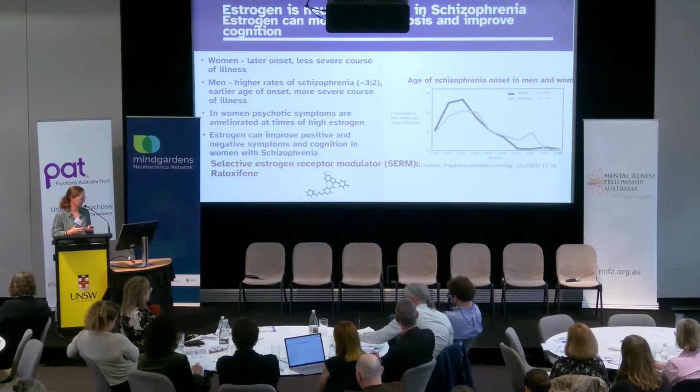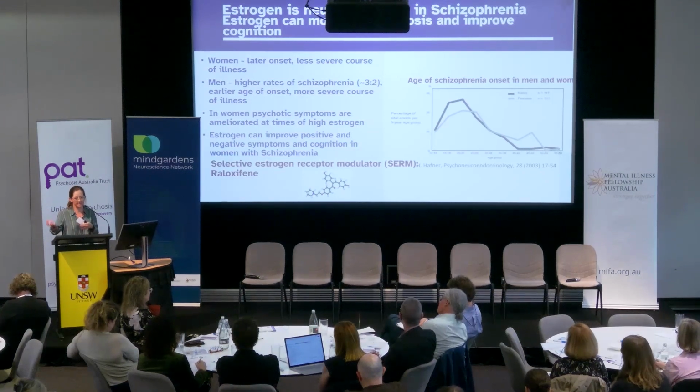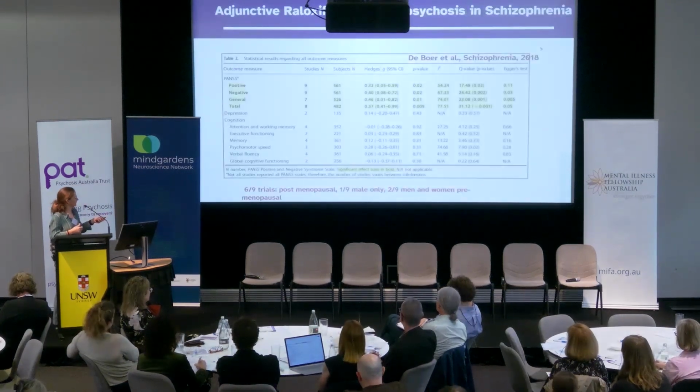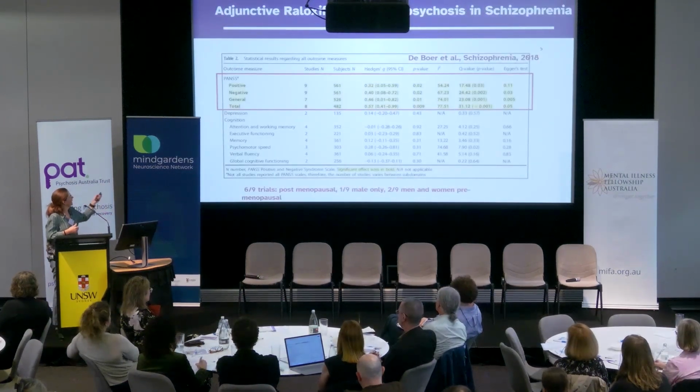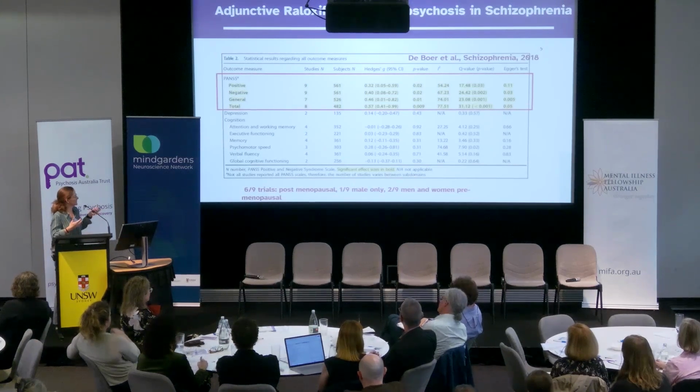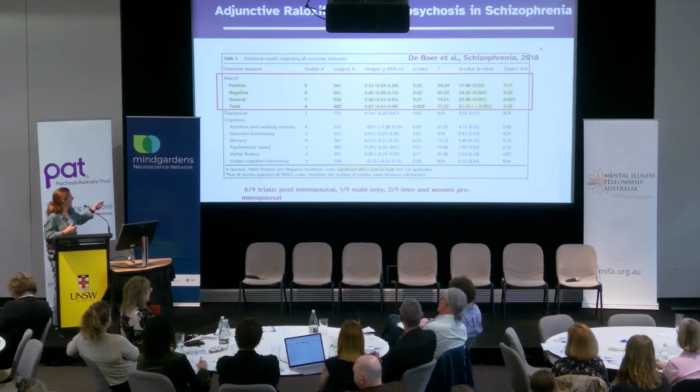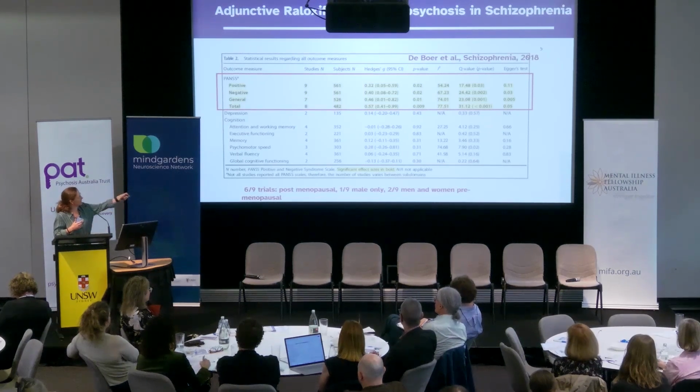So people have tested selective estrogen receptor modulators in the clinic, one in particular called raloxifene, which doesn't have these feminizing effects. And they've shown that adjunctive raloxifene actually reduces psychosis in schizophrenia. And this is a meta-analysis of 9 different clinical trials. And we can see that psychotic symptoms have been reduced.